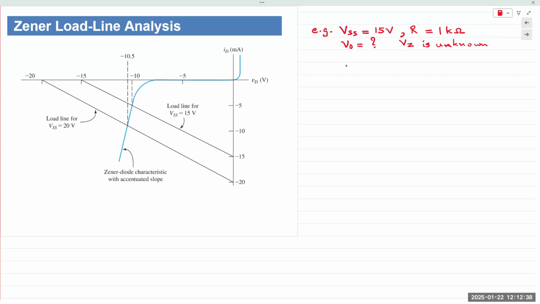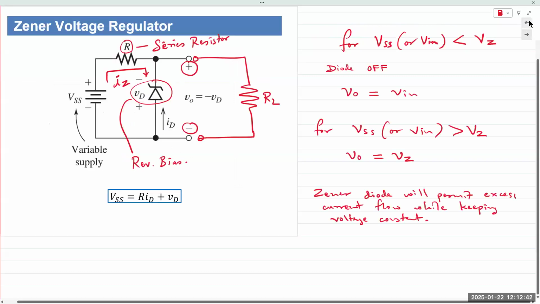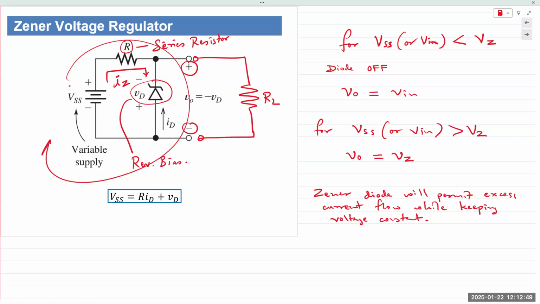So let's apply KVL or KCL. In this case, since I want to find the voltage, KVL makes the most sense. So if I apply KVL in this direction, I get the supply voltage VSS, voltage across the resistor, and the voltage across the Zener diode, right? Only two.